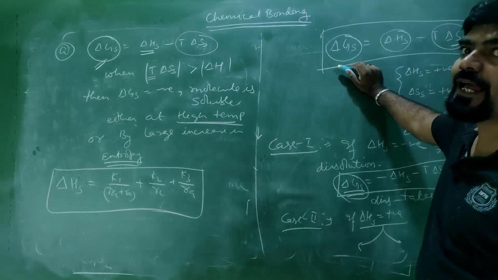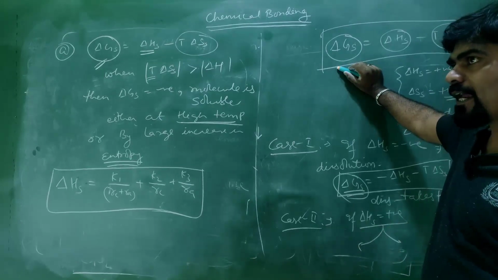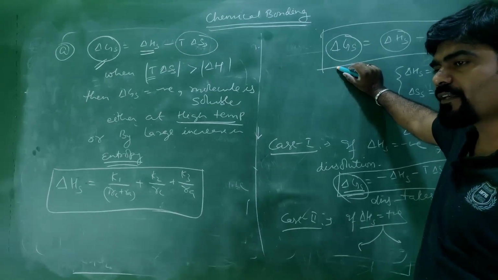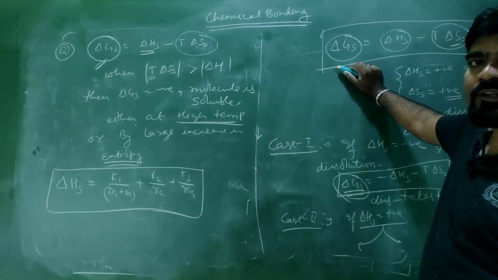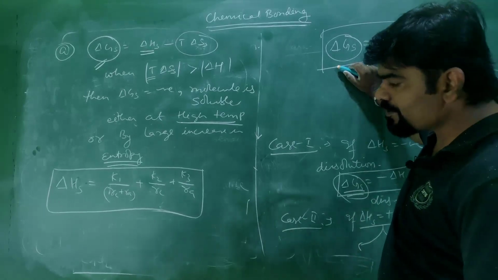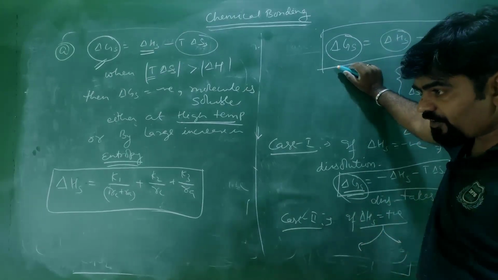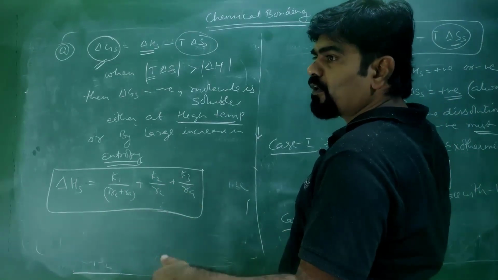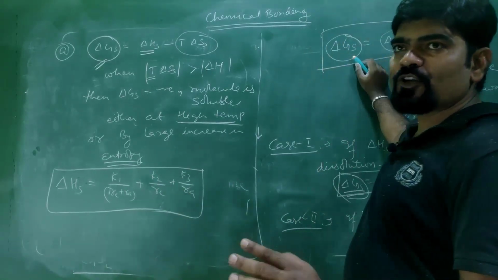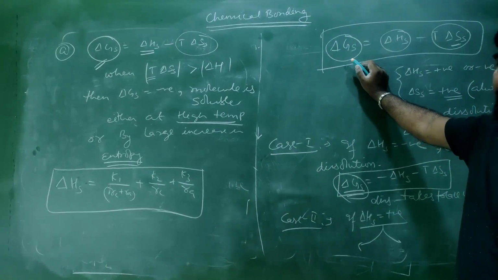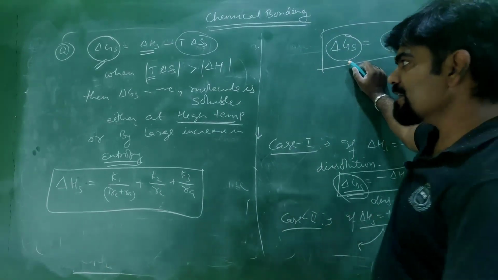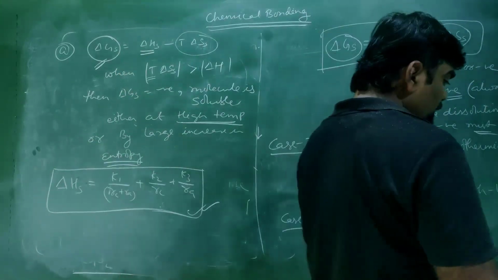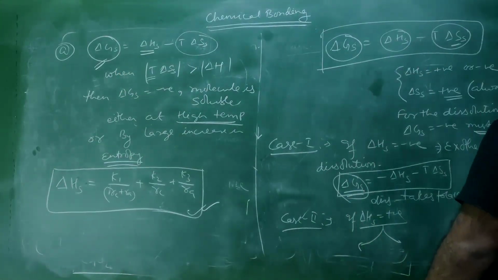In case of a bigger anion, the decrease in lattice enthalpy is greater than the decrease in hydration enthalpy, and therefore the lattice enthalpy value will dominate over the hydration enthalpy and the molecule becomes insoluble. That was the case, and different cases we have observed. Please go through the notes, you will get everything over there.